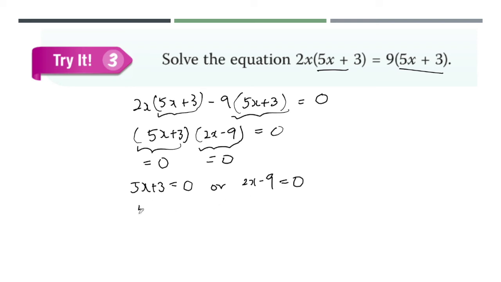So I will have 5x equals to negative 3, 2x equals to 9. Please do remember, this "or" is very, very important. There we have it. x is either this or this. These are the two possible values that x can be.